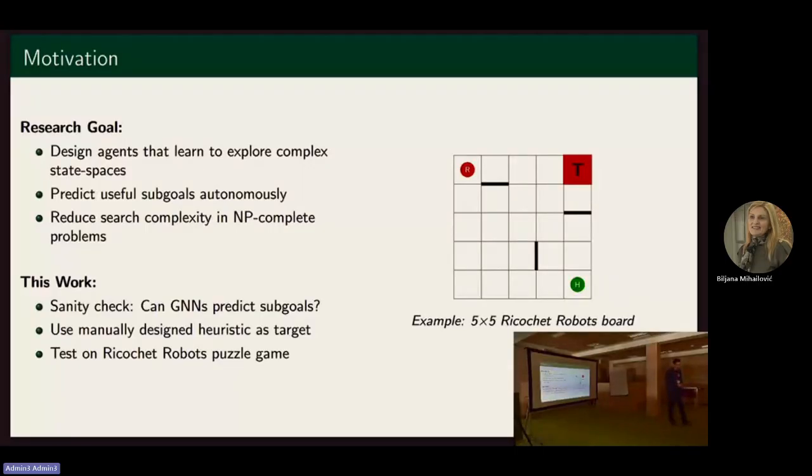So this work is mostly a sanity check to make sure that graph neural networks can actually learn how to predict subgoals based on some manually designed heuristic. The game is NP-complete, but it's simple enough that we can make many training data for it.